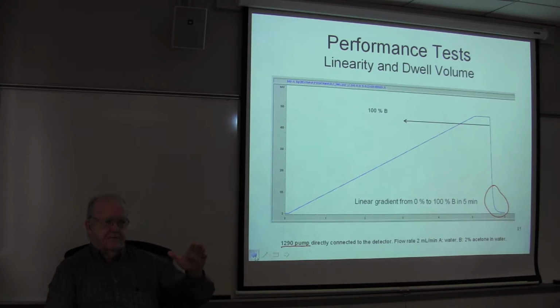It would probably curve up and then curve over towards the end. You don't want that. So you use the accuracy test as a measure of both the mixing efficiency and the pump. That the two pumps are pumping precisely the fractions of the total that you want.